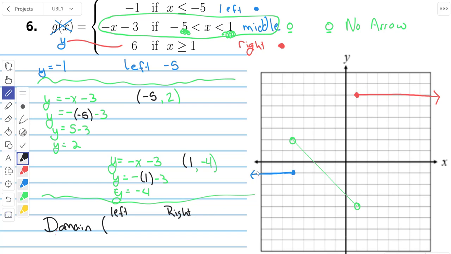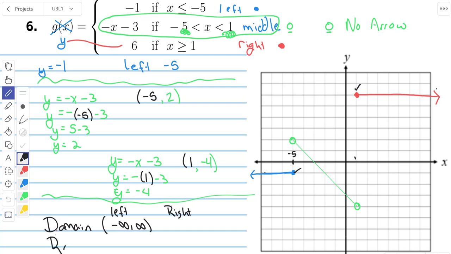So if I look here, going from left, I hit this point, I've got -5 covered because it's right down here. So that one's good. I go until I get to 1, and it's not covered here, but we are covered here, so that's good. And we go until we hit the arrow. So I go from -infinity all the way to +infinity.